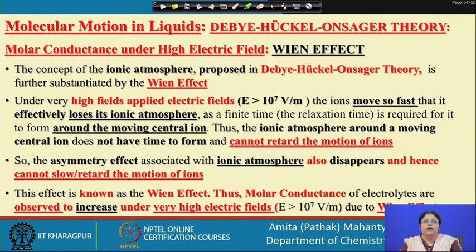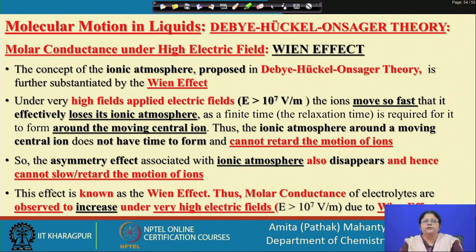Okay. Now, there is another effect we should be talking about: what happens to the molar conductivities. We are talking about the molar conductivities keeping in mind the expressions put forward by the Debye-Falkenhagen theory. The Debye-Falkenhagen theory, as we have seen before, is valid only at very low concentration of the electrolyte, very dilute solution.